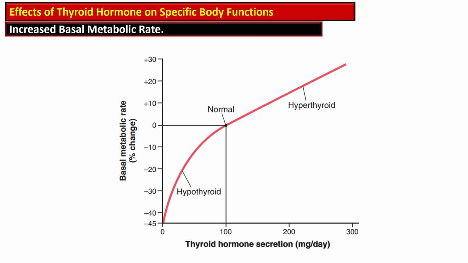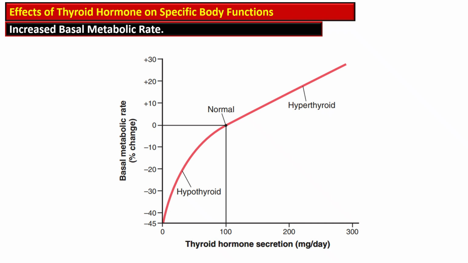Thyroid hormone, both the T3 and T4, stimulate nearly all cells in the body to increase oxygen consumption, nutrient utilization, and production of the heat. So excess thyroid hormone will result in increase in the BMR up to 60 to 100% of the normal.